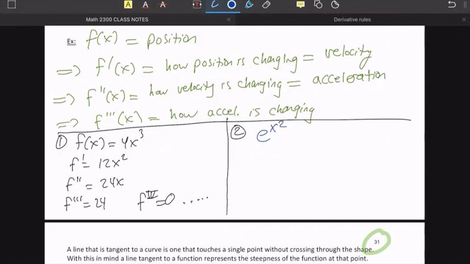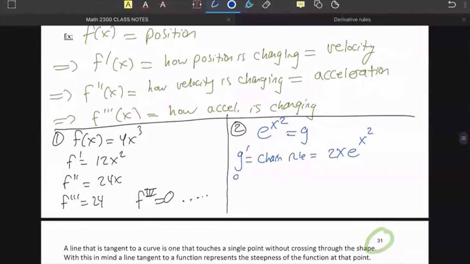Not even that bad of a function, right? Let's call that g. But if we do g prime, it's a chain rule. It's not horrible, but we won't do the details, it ends up being this. The power comes down and multiplies the derivative of the power.